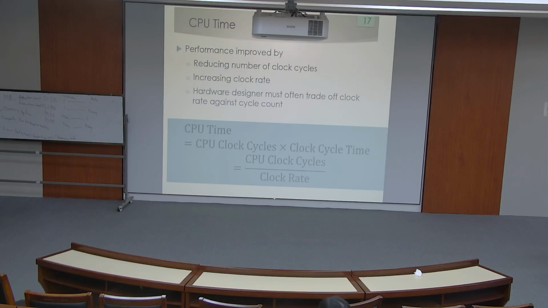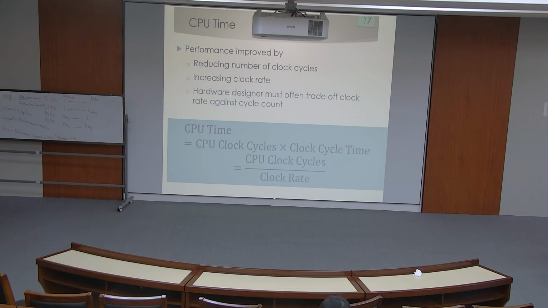We also have to know what the CPU time is. This is given by this expression. The CPU time equals the CPU clock cycles times the CPU clock cycle time. Now we have also this expression which can be expressed as follows.